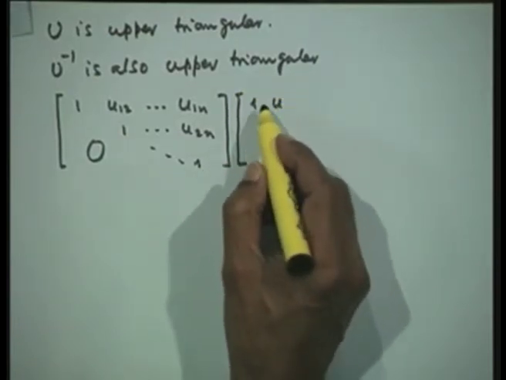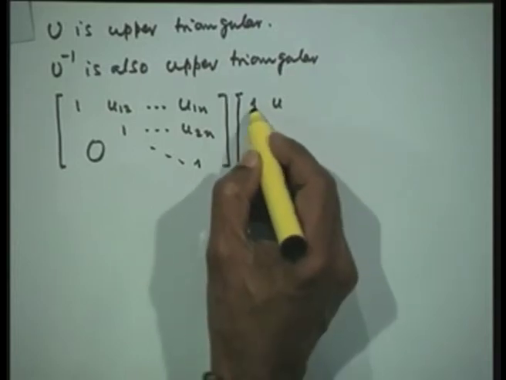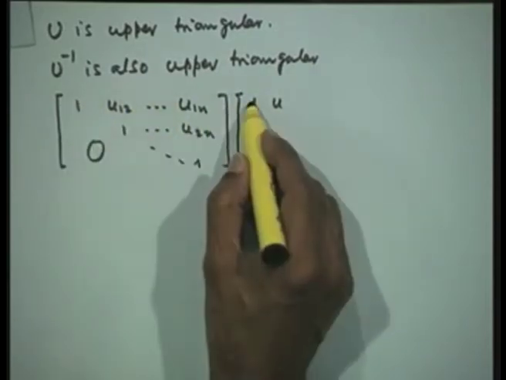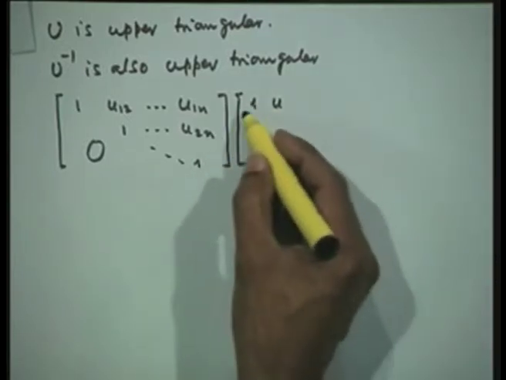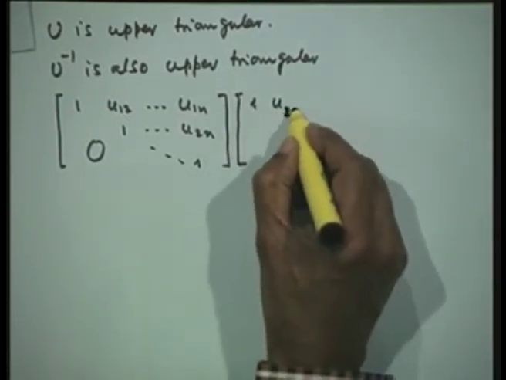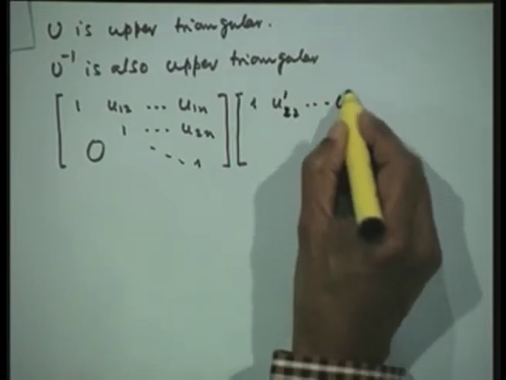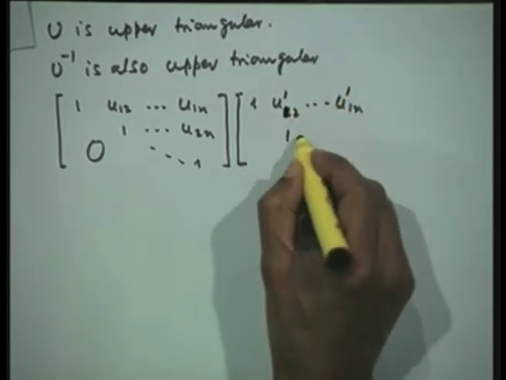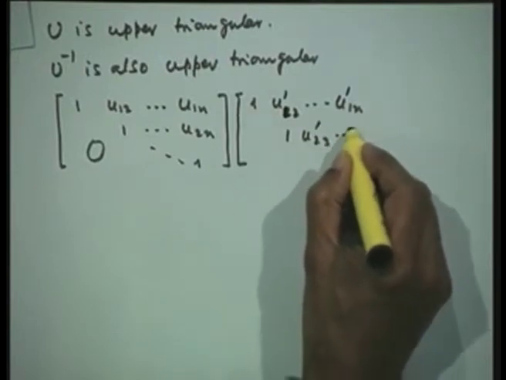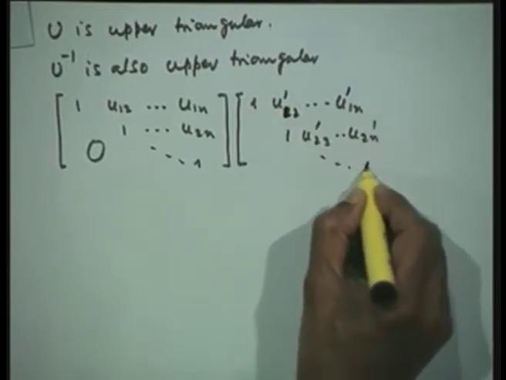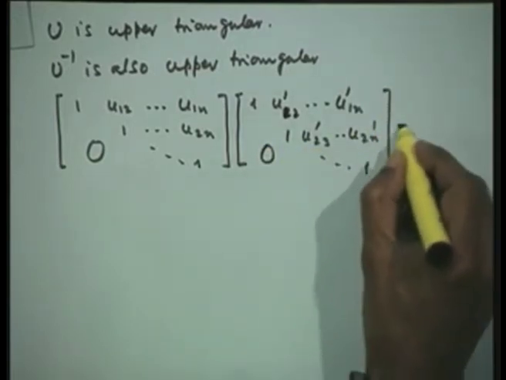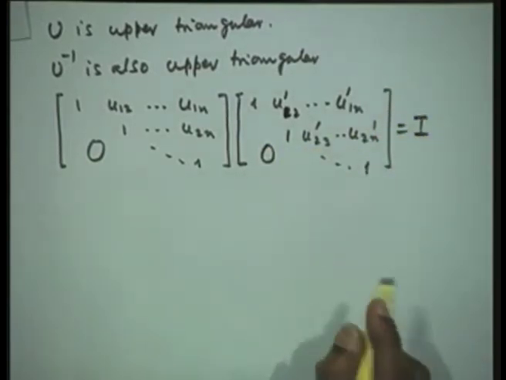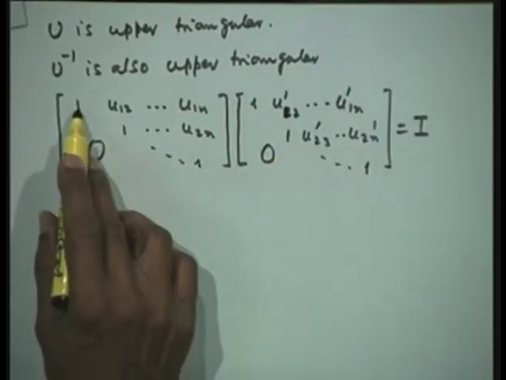I am writing the elements of the solution, because if I write U11 prime, I know 1 into U11 prime will be equal to U1. So, I can write down 1 itself, that is U12 prime, U1n prime, 1, U23 prime, U2n prime, and so on, 1, is equal to I. Now, I have already replaced the diagonal elements, because there will be the inverse of these elements.